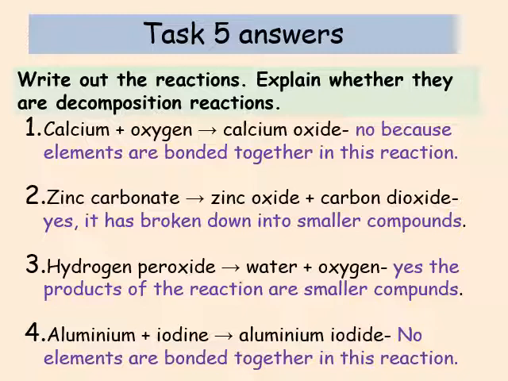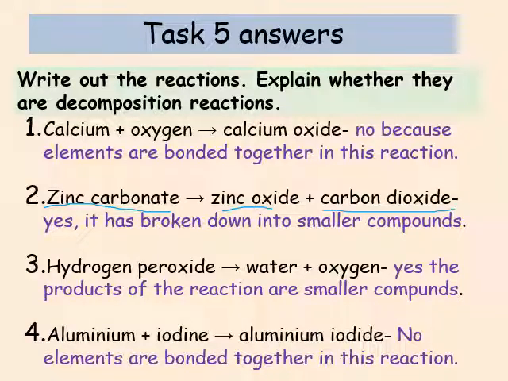Okay, in the last task, task 5, here are the answers. Calcium and oxygen making calcium oxide is not a decomposition reaction because elements are bonded together in this reaction. So this is a chemical reaction between two reactants. However, zinc carbonate, that is one compound broken down into two simpler, smaller compounds.